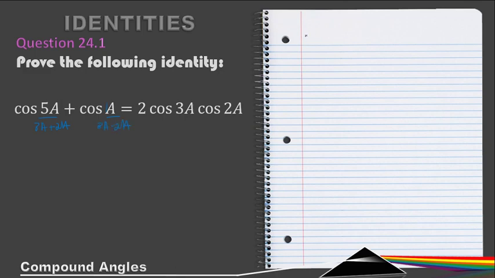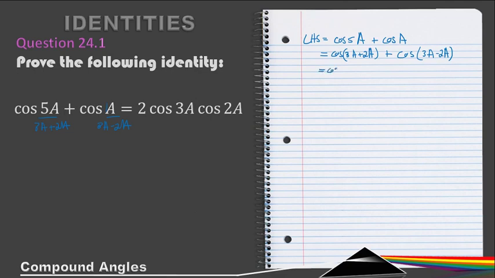Okay, so our left-hand side is equal to cos 5a plus cos a. And then breaking them up, we have cos 3a plus 2a plus cos 3a minus 2a. Okay, let's expand.